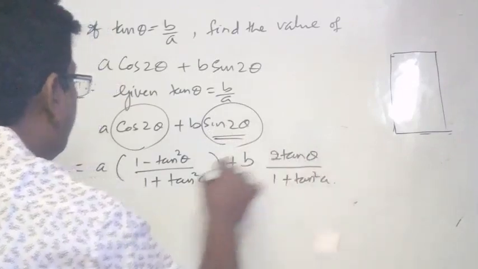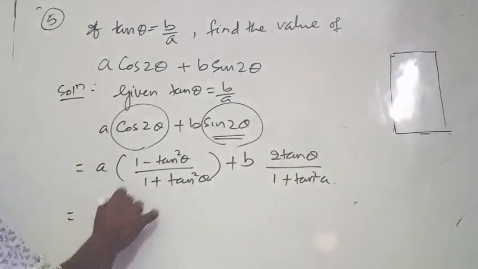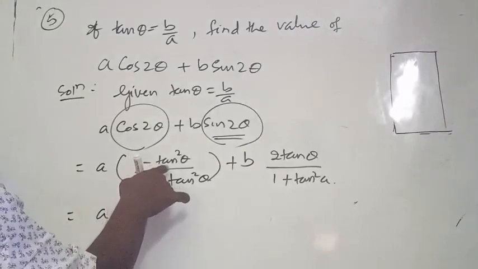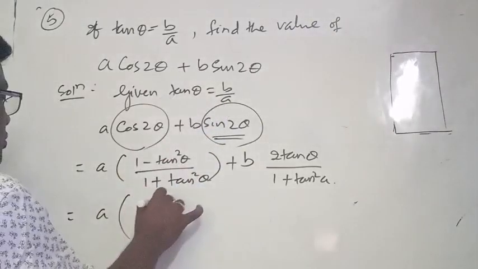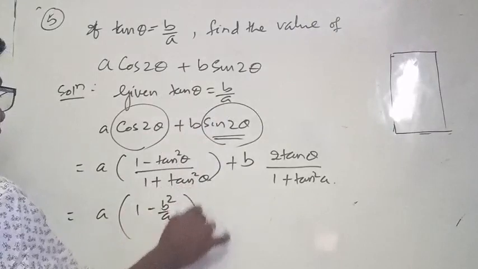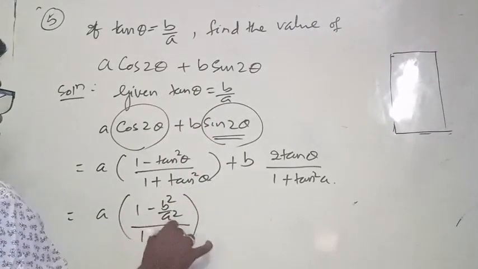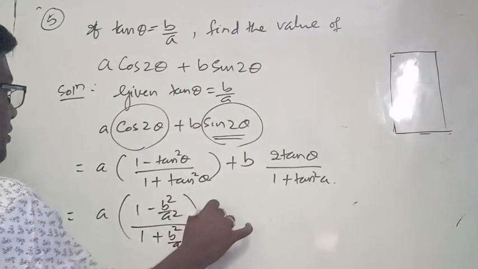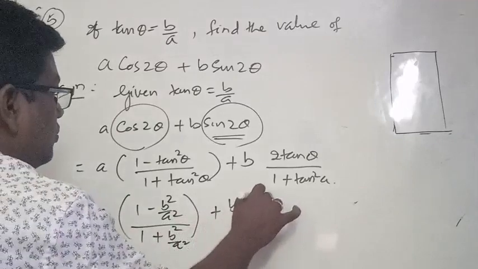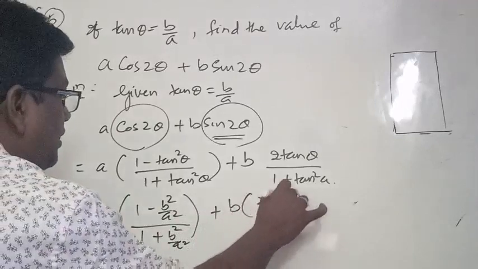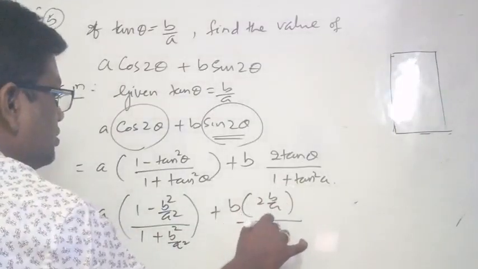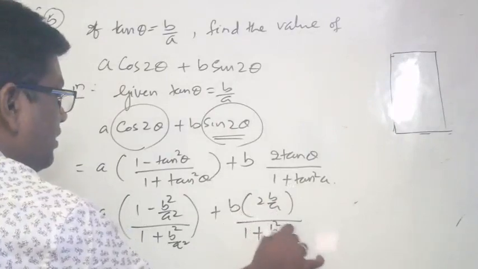Clear? And this is equal to a times 1 minus b square by a square, divided by 1 plus b square by a square, plus b into 2 b by a divided by 1 plus b square by a square.